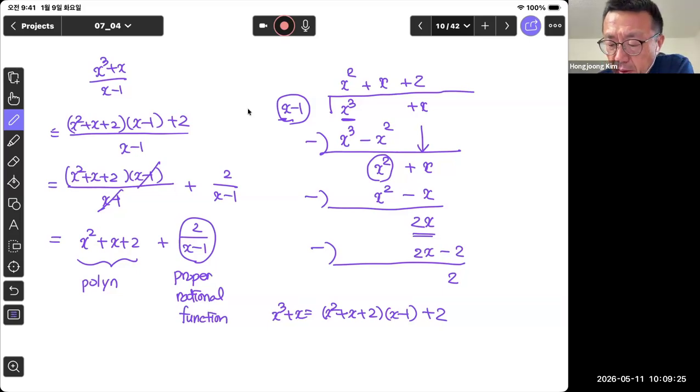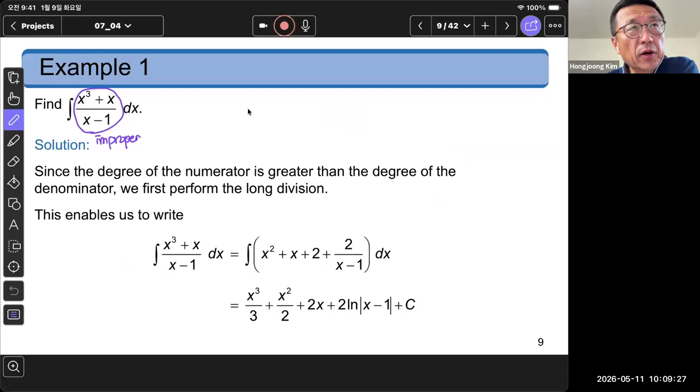So if I want to integrate this function, I can perform this long division so that we have s of x, the quotient, plus the remainder term, r of x, divided by my original denominator, x minus 1.